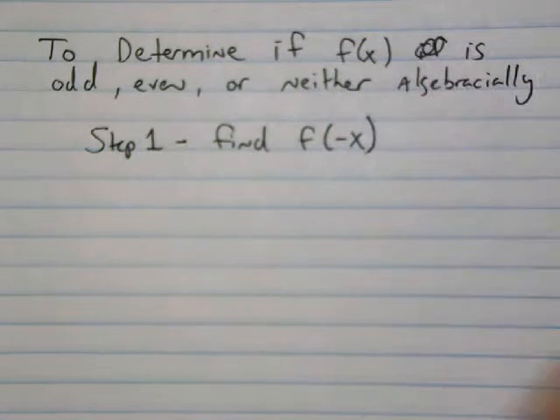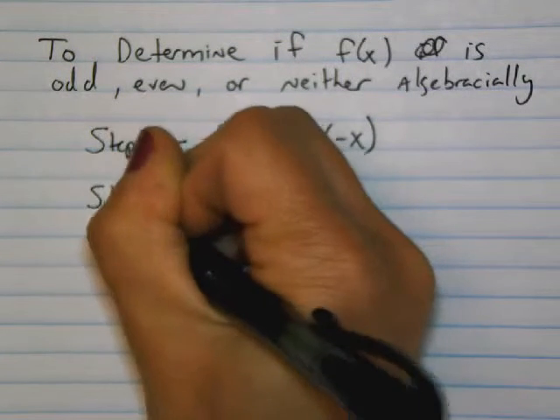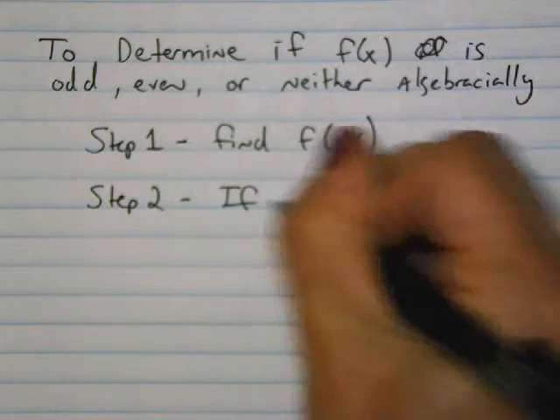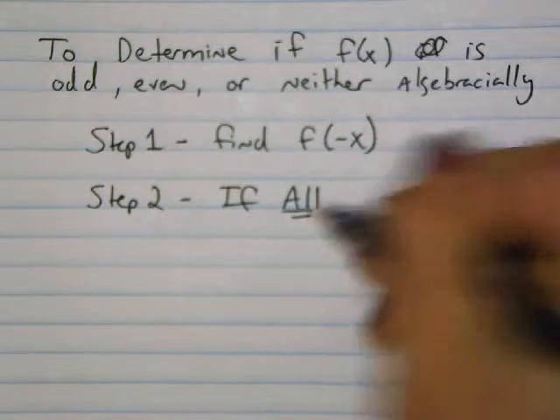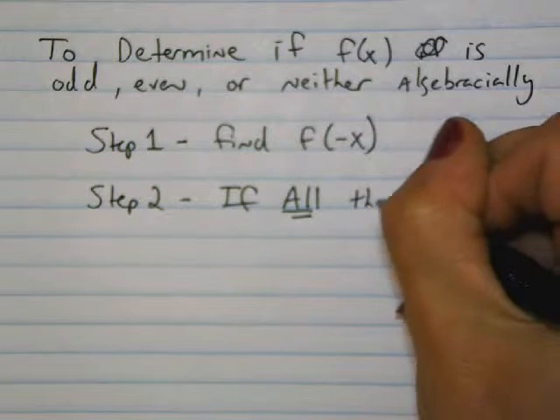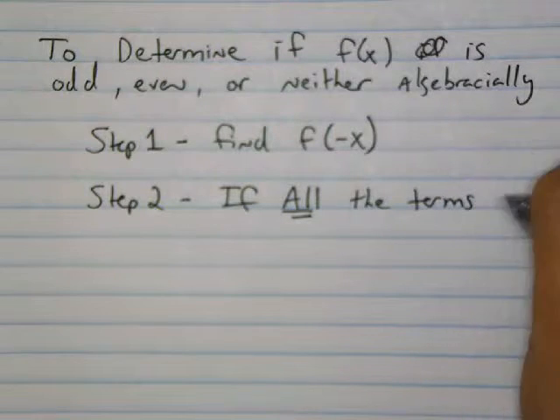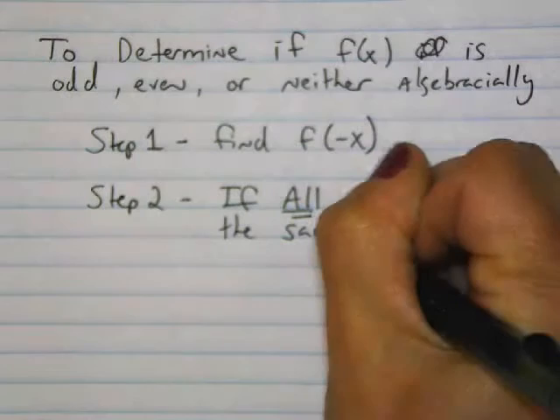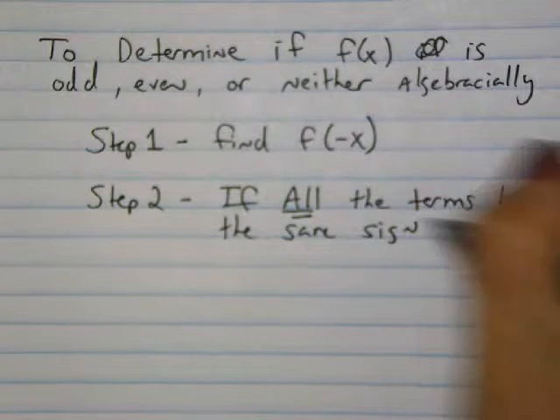Step 2, if all the terms keep the same sign in f of -x, then it is an even function.